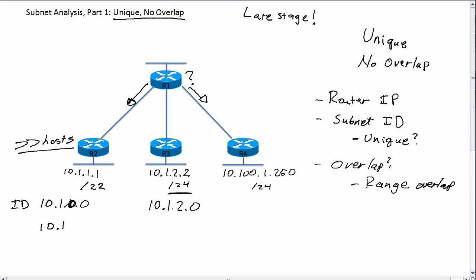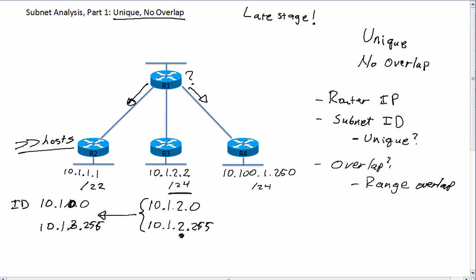In fact, the high end of the range of addresses in this left-hand subnet ends in 3.255, as you see here. Of course, that overlaps with the IP address over on R3 already. R3's subnet ends also in 10.1.2.255. So the entirety of R3's LAN subnet is inside the range of the left-hand LAN subnet.